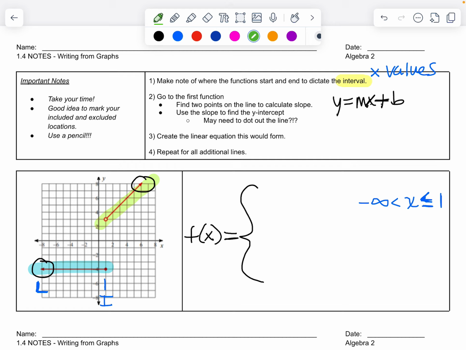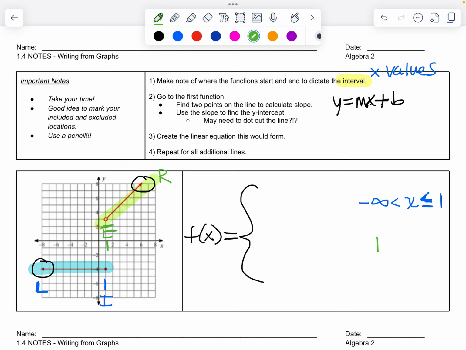Reading left to right, there is an excluded point at the number 1. And I do see this arrow traveling to the right. Now, of course, it's going up also, but the word up is a y word. I'm doing intervals. I only care about left or right. So I know that the smallest x value here for the green is the 1.